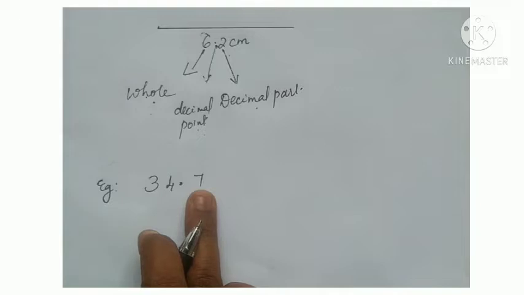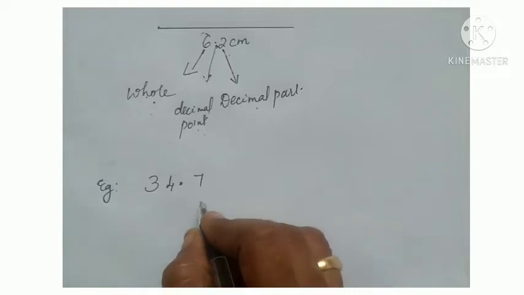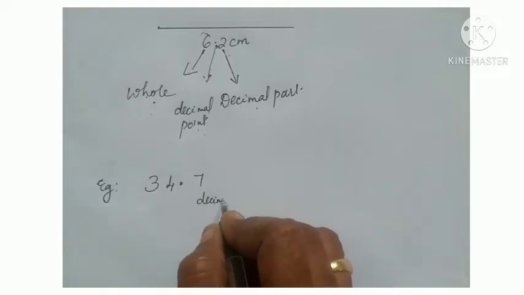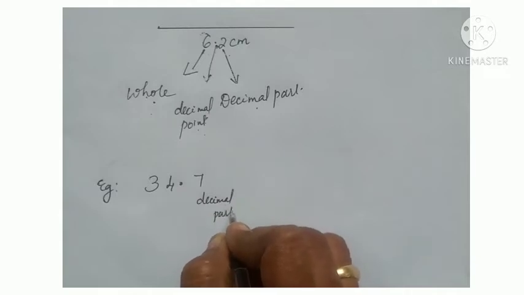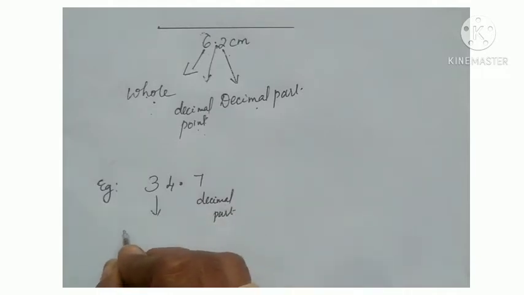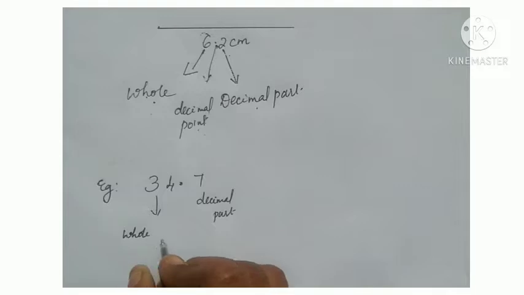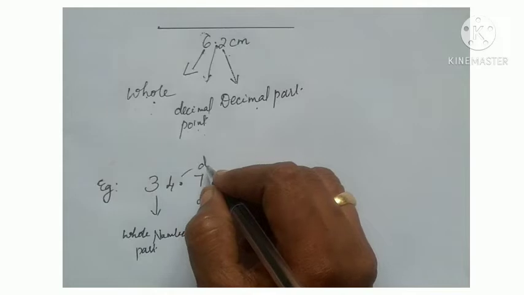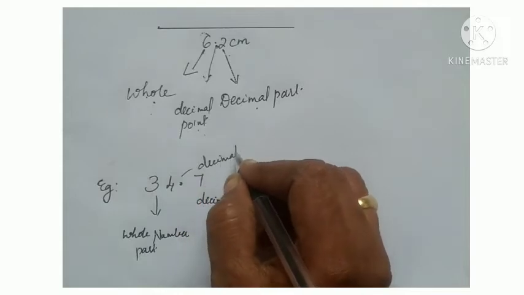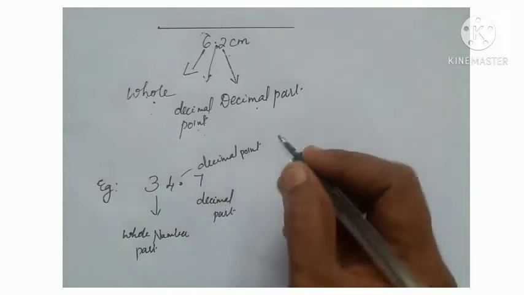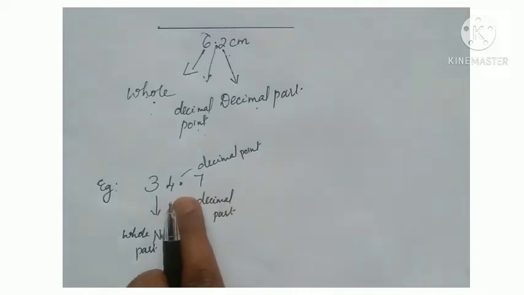34.7. So this is the decimal part and this is the whole number part or integral part. And this is the decimal point. So next, how can we read this number?